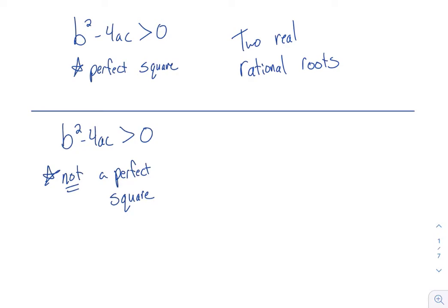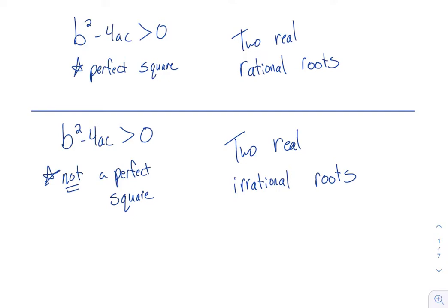Any square root that cannot be simplified completely is an irrational number. So two real irrational roots. That's the kind of answer you get when your discriminant is positive but not a perfect square.